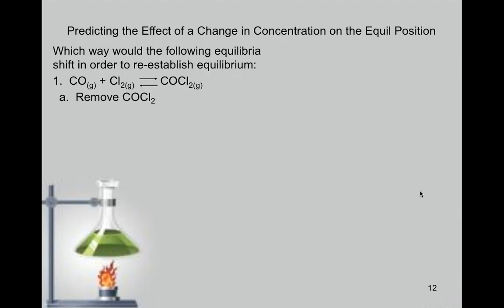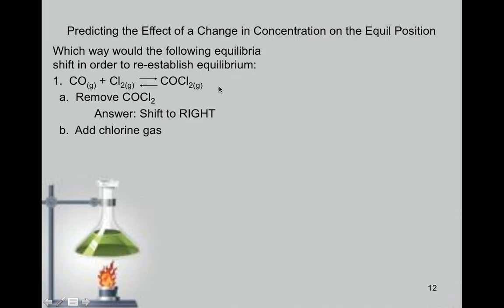If we were to remove COCl2, you can think about it as this side becoming lighter. What is going to happen to equilibrium? Try that really quickly. And yes, it would shift to the right. If it gets lighter on this side, it would need to shift to the right to get back to equilibrium.